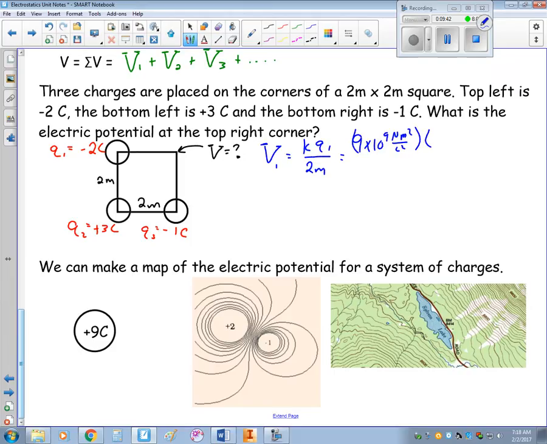Q1 is -2. This time you do want to leave in the negatives, for 2 meters. And we can see that we get -9 billion volts.